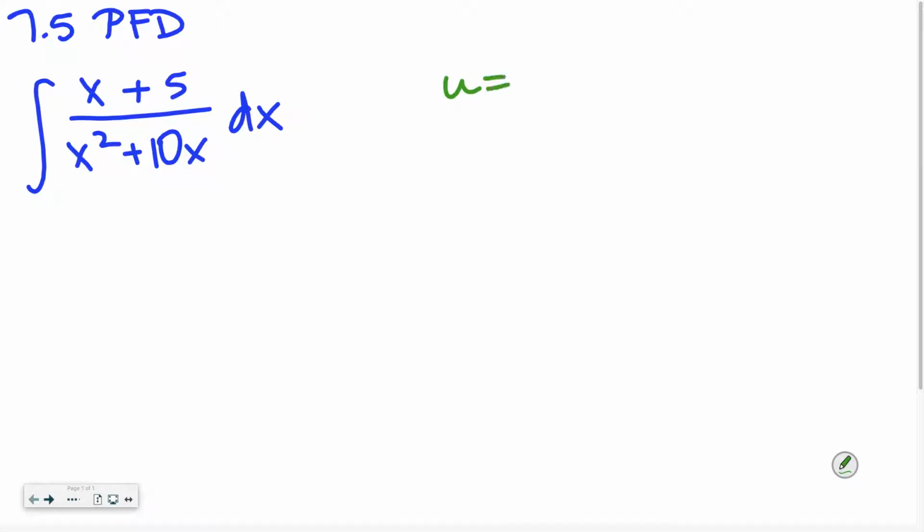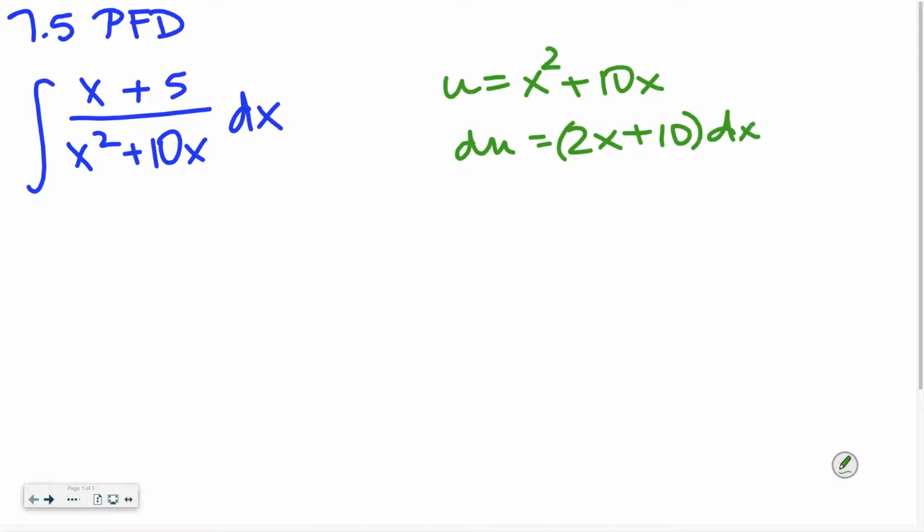We could let u equal x squared plus 10x, and du would be 2x plus 10 dx, and that's perfect for our u substitution, right? Because our numerator is x plus 5 times dx, so we can just balance this out with a 1/2.